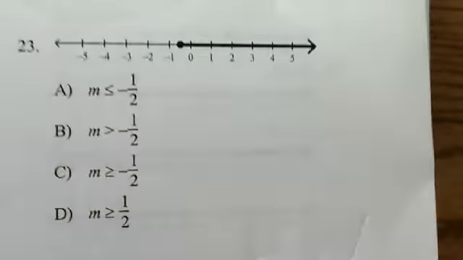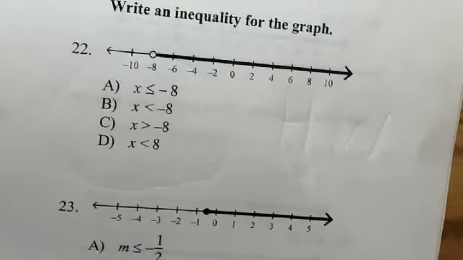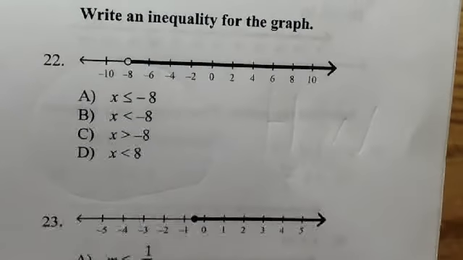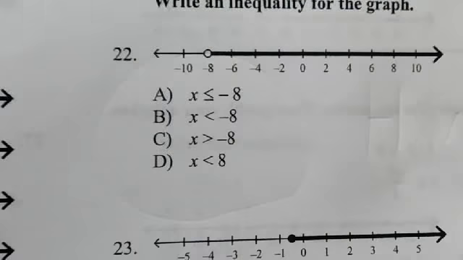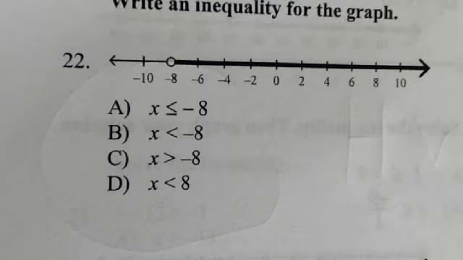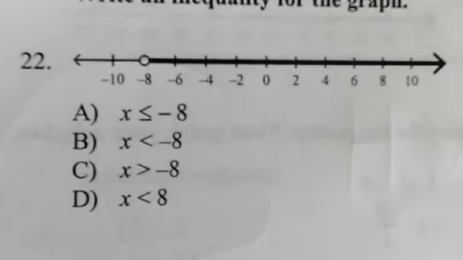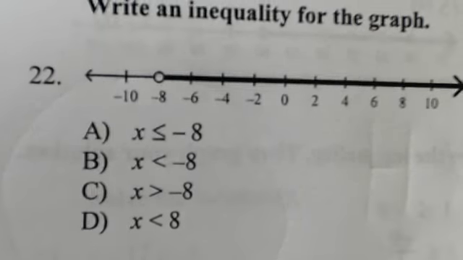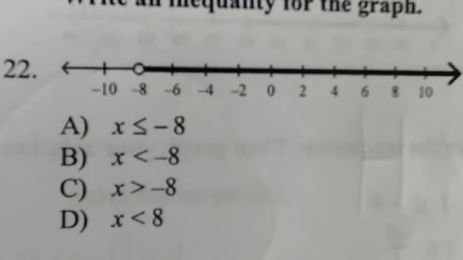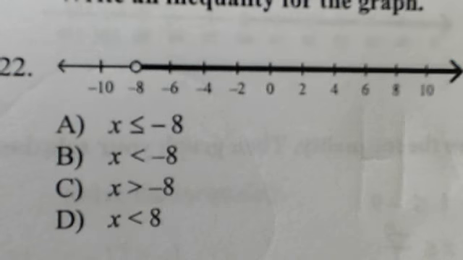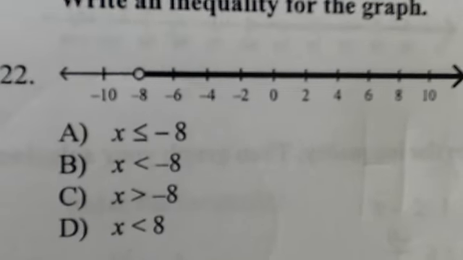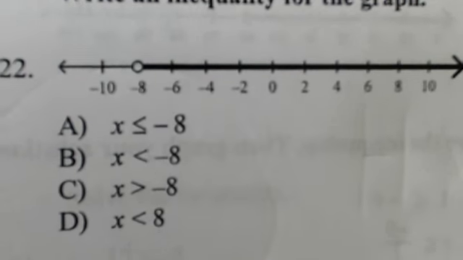If you go to 22, which one of these inequalities, look closely, which one inequality would represent 22? Don't say the answer, just look at it. Is it open or closed? So does it have the little line underneath? Nope.